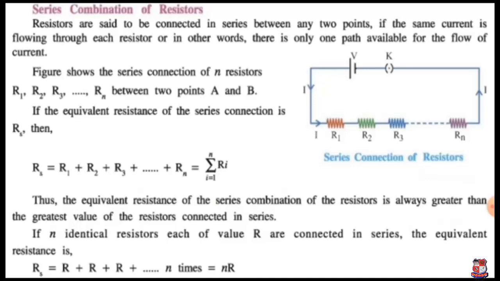We have taken three resistances, one of 7 ohm, another of 14 ohm, and the third of 21 ohm. So what will be the total? The total will be 42 ohms, and it is much greater than the highest individual resistance, which was 21 ohm.